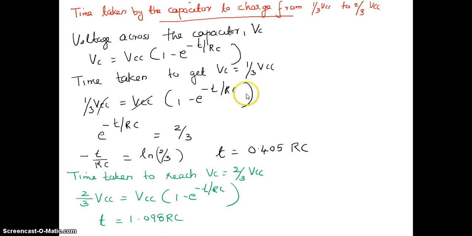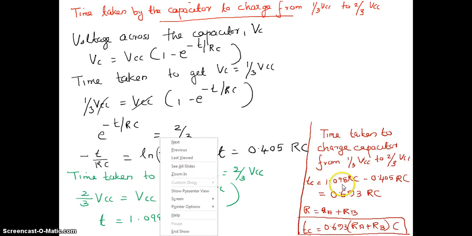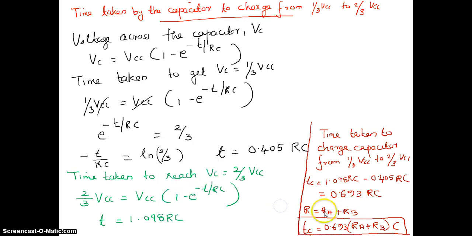Now actually we are interested in getting 1 by 3 VCC to 2 by 3 VCC. This is 0 to 1 by 3 VCC, this is 0 to 2 by 3 VCC. So to get from 1 by 3 VCC to 2 by 3 VCC, we have to subtract these two. So TC, you will get as 0.693 RC.